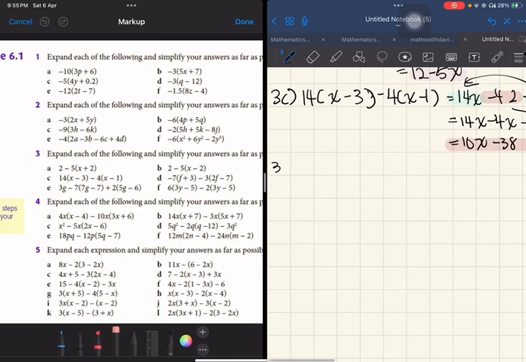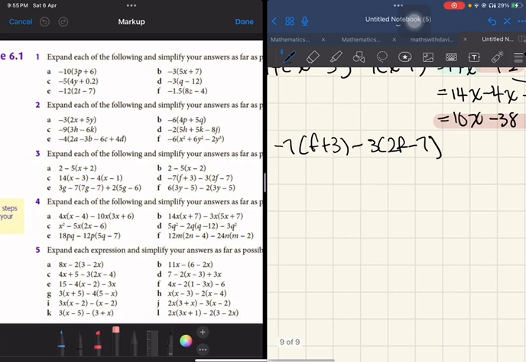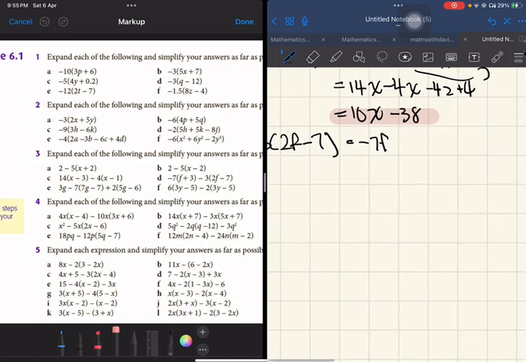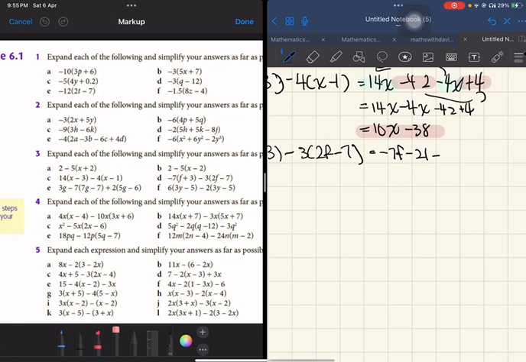Now 3b, negative 7f plus 3 subtracted by 3 to f minus 7. Okay, same method. Negative 7 times f, you're going to get negative 7f. Negative 7 times positive 3, you're going to get negative 21. And then negative 3 times 2f, you're going to get negative 6f, and then plus 21.